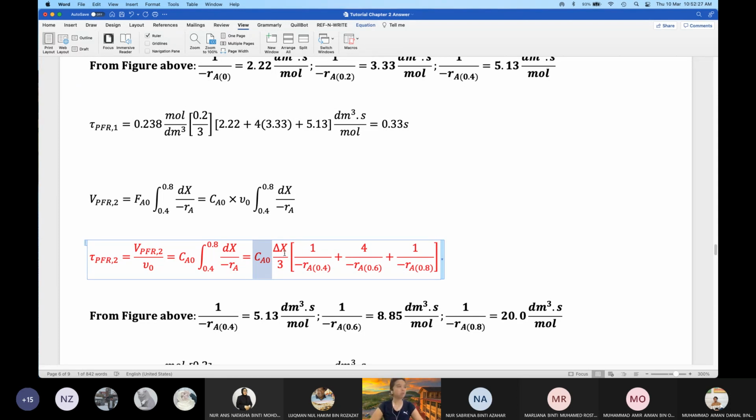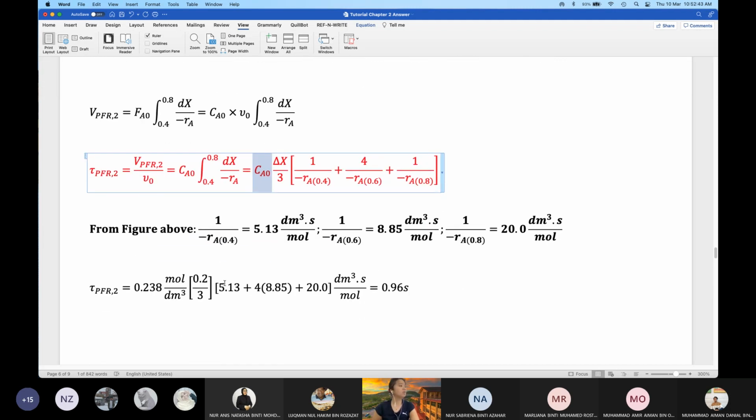So the middle X will be 0.6. The difference of X from 0.4 to 0.6 is 0.2. From 0.6 to 0.8, the difference is still 0.2. So delta X is 0.2 divided by 3. CA0 is still the same, as we did not change the pressure or temperature.